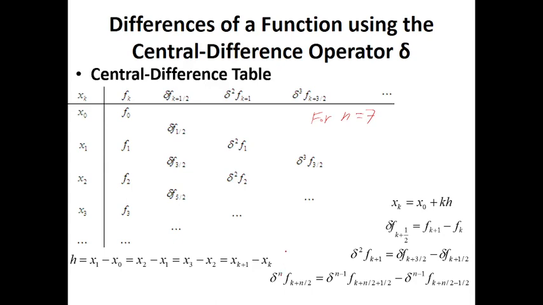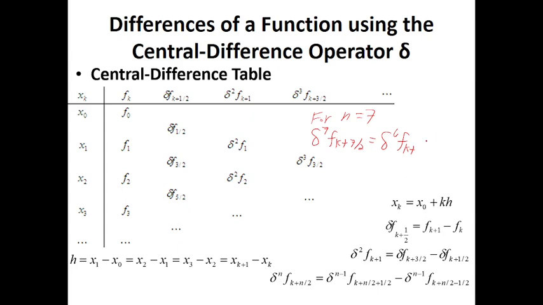For n equals 7, so that is delta to the power of 7 f sub k plus 7 over 2 equals delta to the power of n minus 1, which is 6. 7 minus 1 is 6. F sub k plus, now we have n is 7, right?